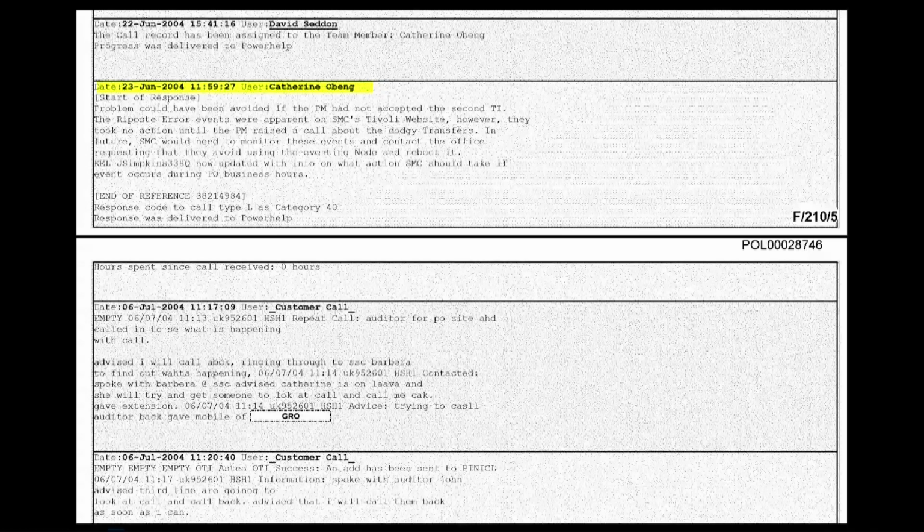However, they took no action until the postmaster raised the call about the dodgy transfers. In future, SMC would need to monitor these events and contact the office, requesting that they avoid using the eventing node and reboot it. A KEL has now been updated on info on what action SMC should take if an event occurs during post office business hours.